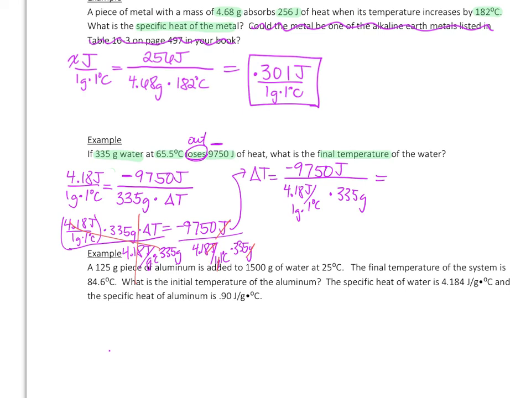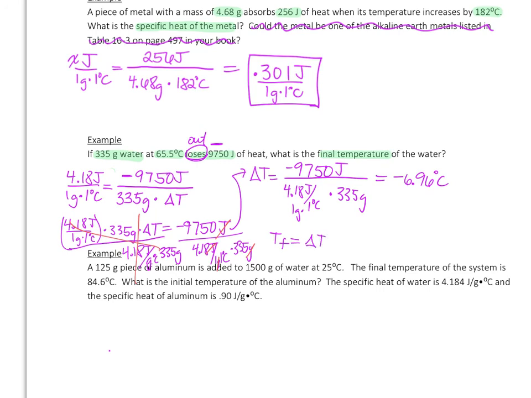Do our math. Negative 9,750 joules divided by 4.18 divided by 335 should give us a negative number. This will be negative 6.96 degrees Celsius.